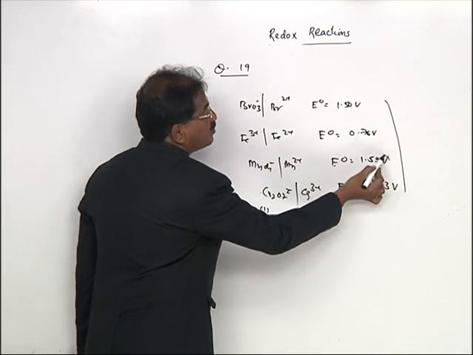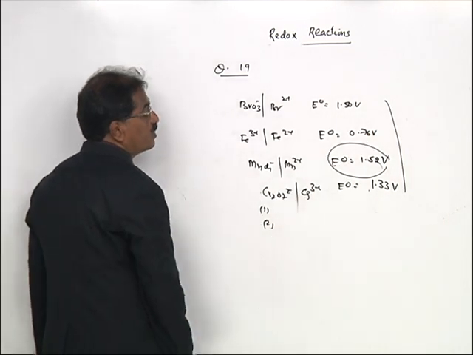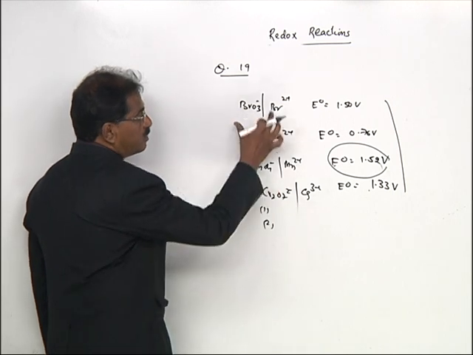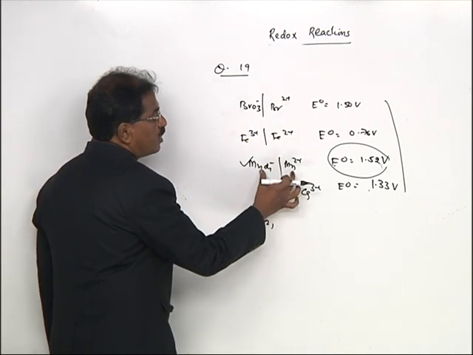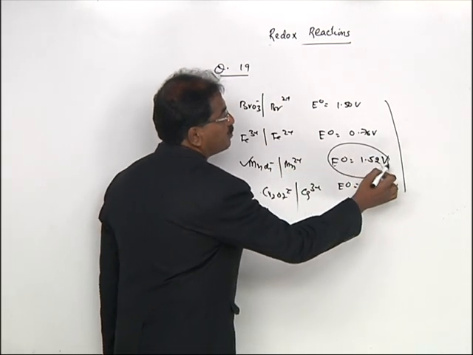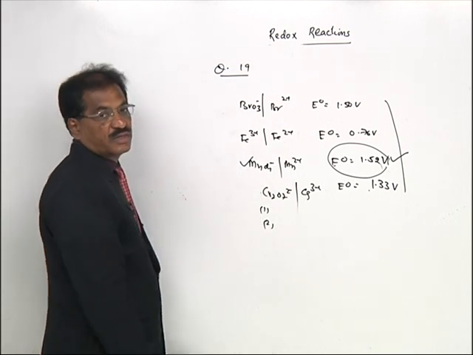Any species whose reduction potential is highest among the given 4 species will act as the most powerful oxidizing agent. In this question, in the third option, for MnO4 minus to Mn2 plus, the reduction potential given is the highest, hence it is the most powerful oxidizing agent, hence answer is 3.